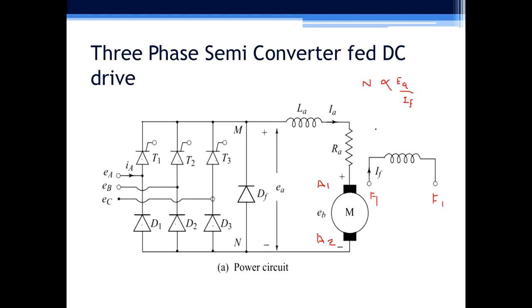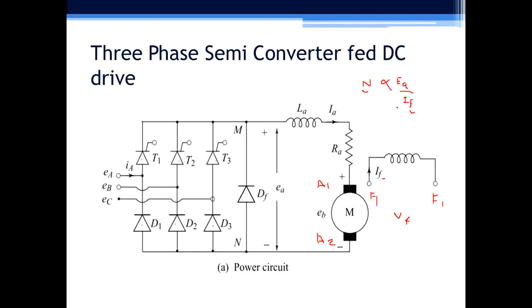That means if we increase the EA, that is average armature voltage, we can change the speed, and if we decrease field current, speed will increase. So in order to control this field side, we must have a variable voltage on field side that will control this IF. If VF is changed, IF will change, and if we change IF, there will be change in speed.